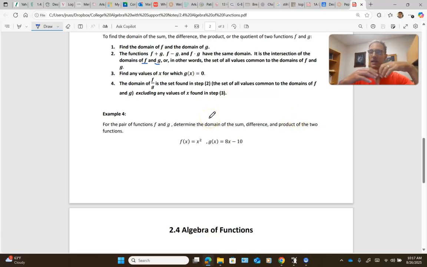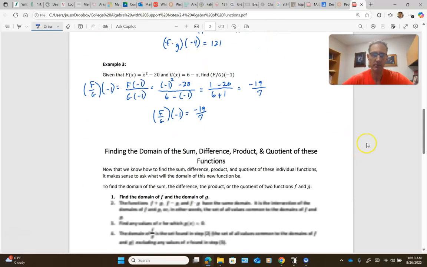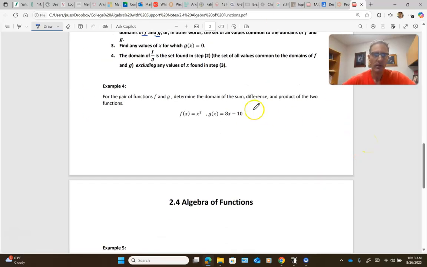Now notice it doesn't ask us to actually find the sum or the difference or the product. If it did, then we would literally either add the two functions together, subtract, or multiply the two functions the way we did in part 1. They're just asking us to find the domain if we were to add, subtract, or multiply these two functions together.